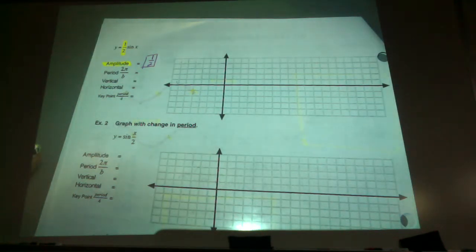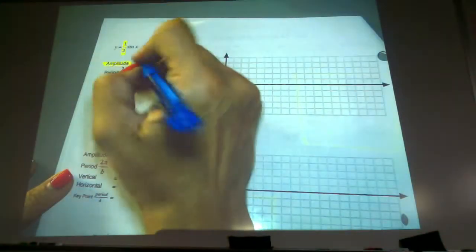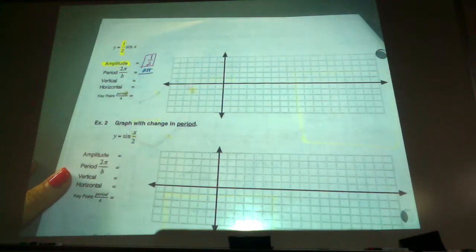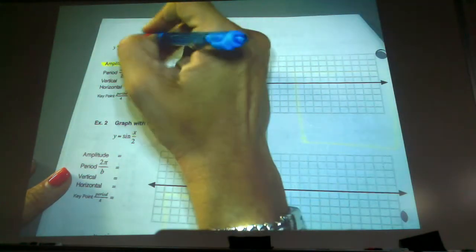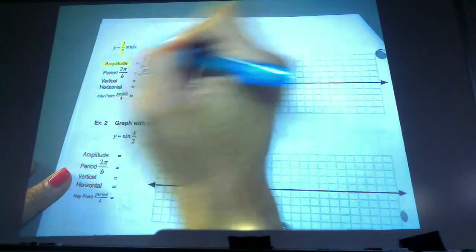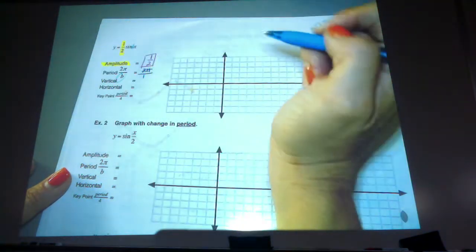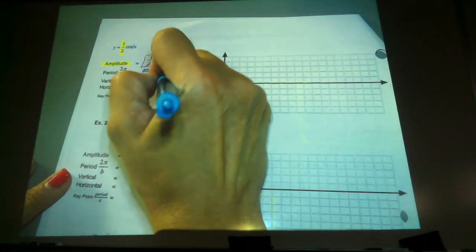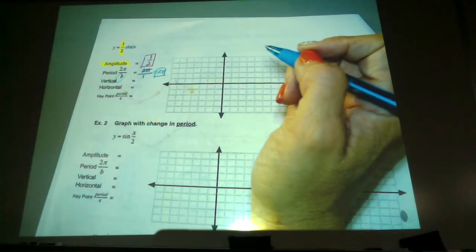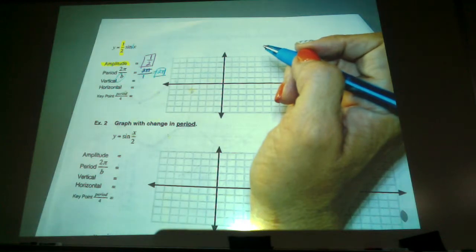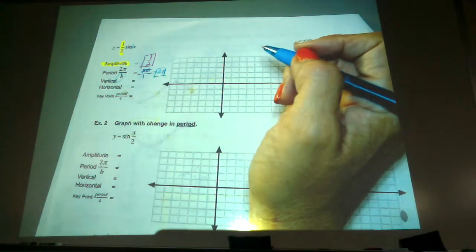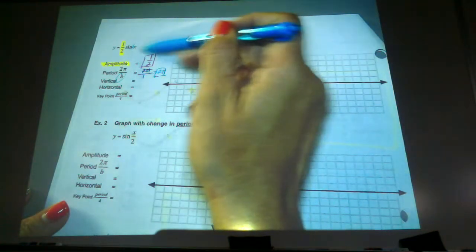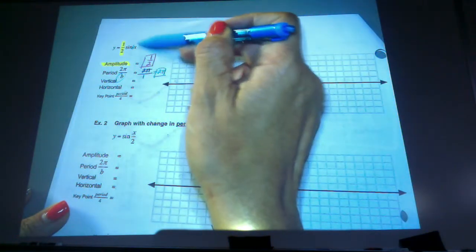So let's go ahead and find our period. Our normal period is 2 pi for sine. But we're going to divide it by b. What's the coefficient in front of x? Because it's 1, we're dividing by 1. And so our period stays at 2 pi. Since our period stays at 2 pi, that means we're still having the same key points as we just found. But we're going to show it again. I don't have anything added or subtracted outside the function or inside the function with x.